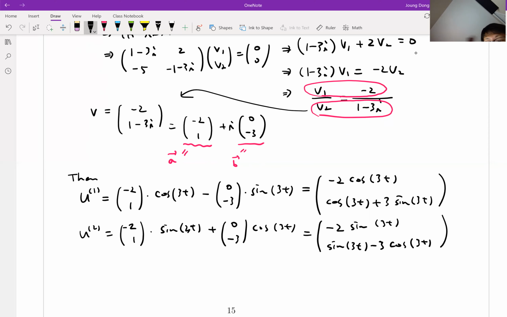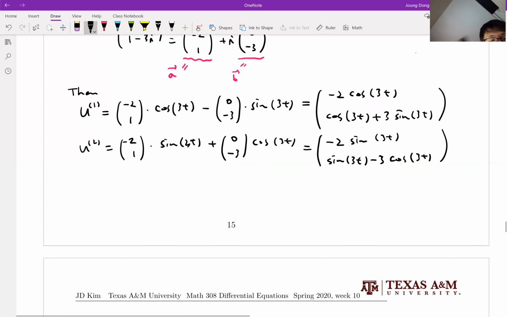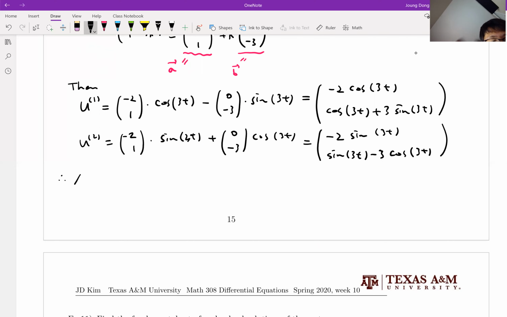These u1 and u2, as we talked about, we would have to double check with the Wronskian, but we can skip that part. We know that u1 and u2 form the fundamental set of solutions. Then my final solution is a linear combination of these two.